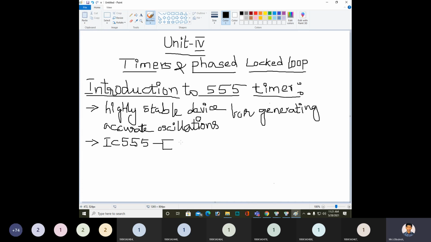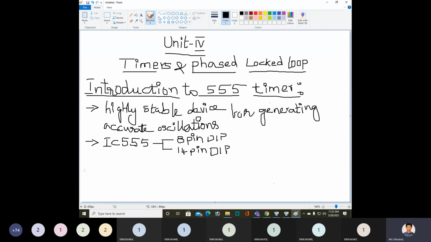The first one is 8-pin DIP, and the second one is 14-pin dual input. The IC 555 timer is available in two packages, 8-pin DIP and 14-pin dual input.